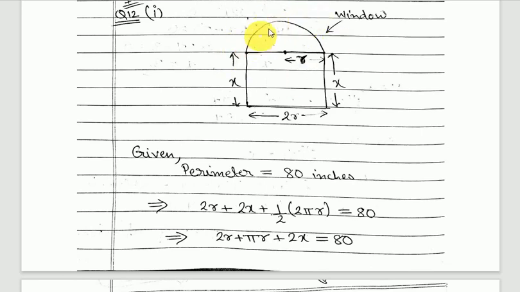That means the boundary of this semicircle, and this x. So 2r plus 2x, x plus x, plus half of 2 pi r, because the total circumference is given by 2 pi r. So the length from here till here will be half of 2 pi r.